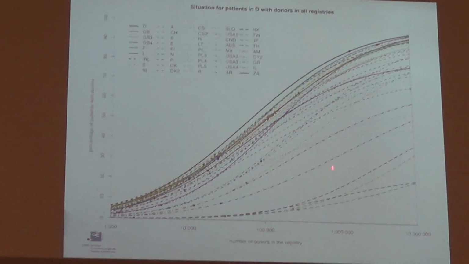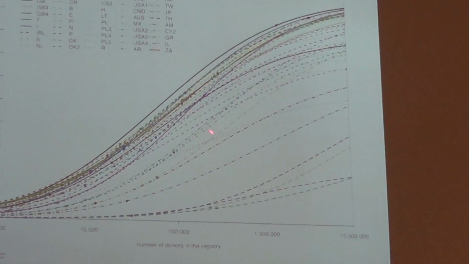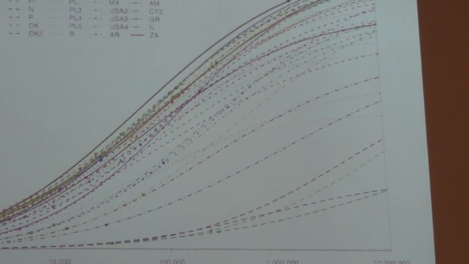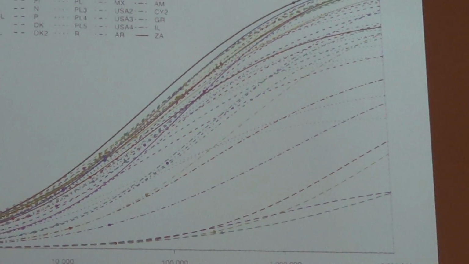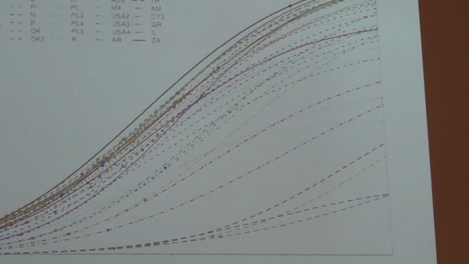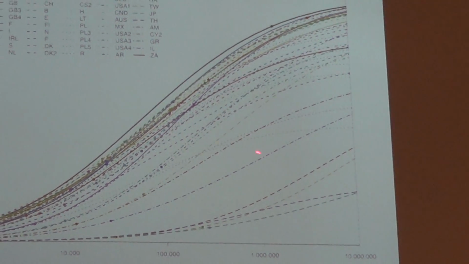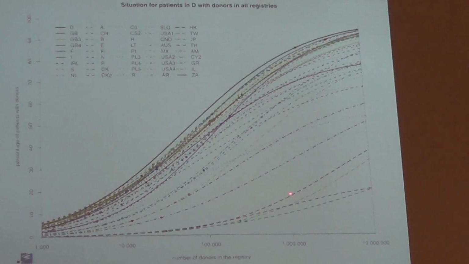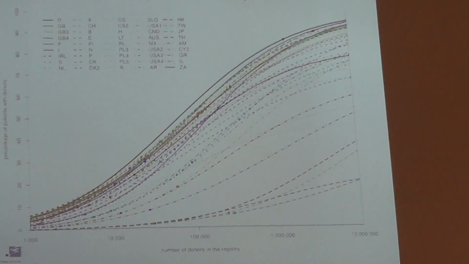And if you look at those 4 curves down here, they are Japan, Hong Kong, Taiwan, and Thailand. We will hardly ever find a donor for a German patient in those registries.